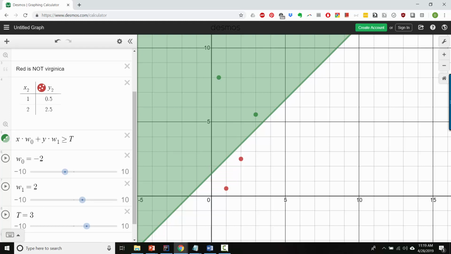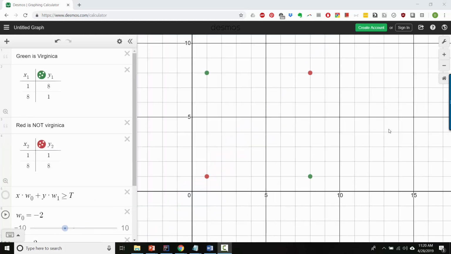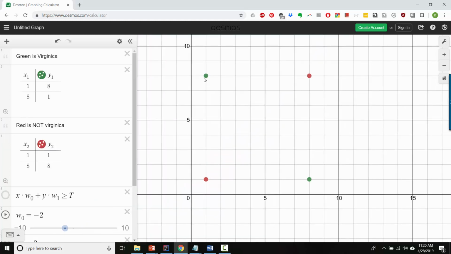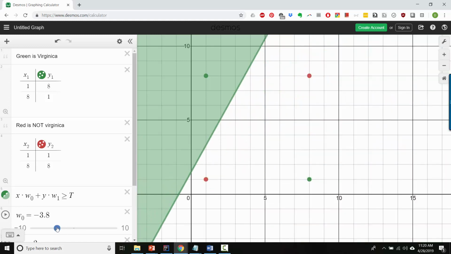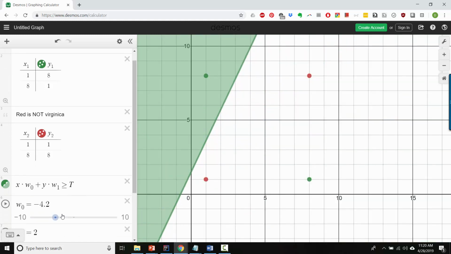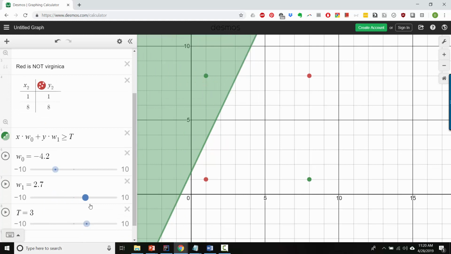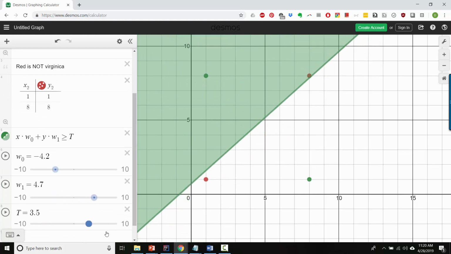If we pretend that our data looks like this, so we've got two Virginicas and we've got two not Virginicas, I hope you can convince yourself that it's not going to be possible to draw a single line where both Virginicas happen on one side of the line and the not Virginicas happen on the other side of the line. And maybe we could squidge this around a little bit, but I hope it's clear to you that this isn't going to be possible with a line.